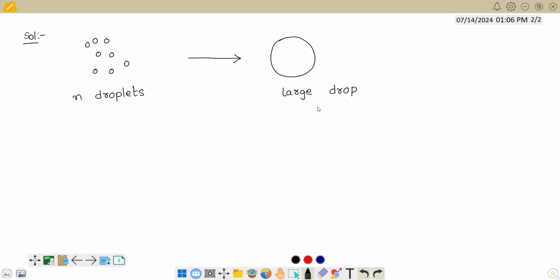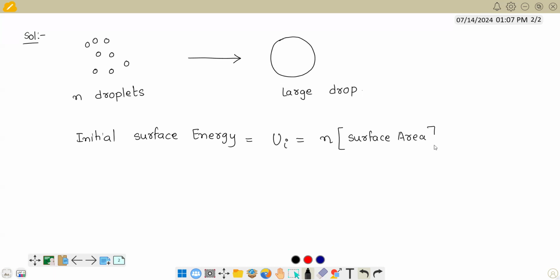So we have n droplets and they became a larger drop. Let us find the initial energy. Initial surface energy, U initial, is equal to n into surface area into surface tension.